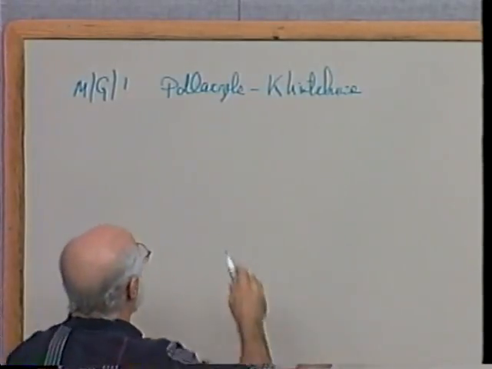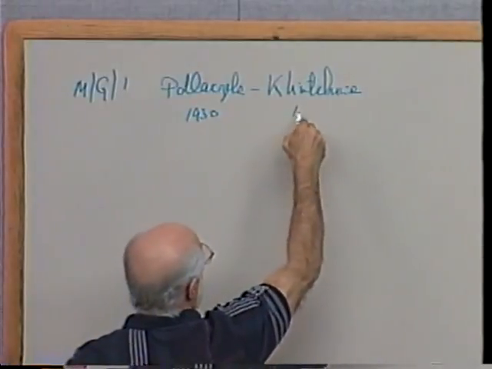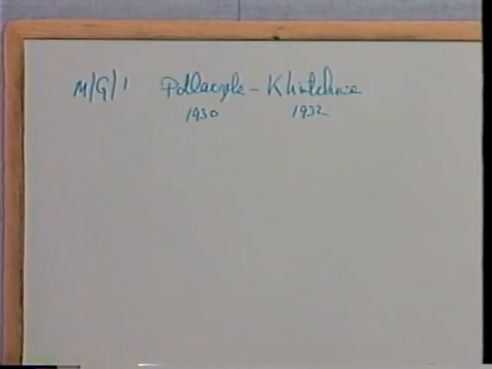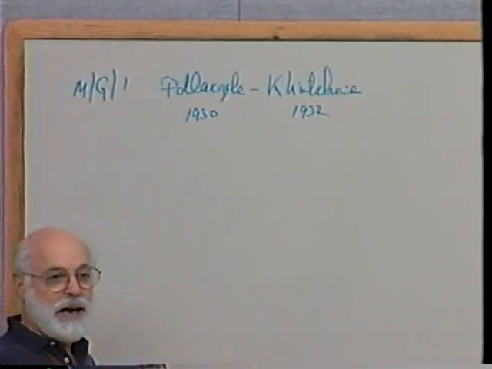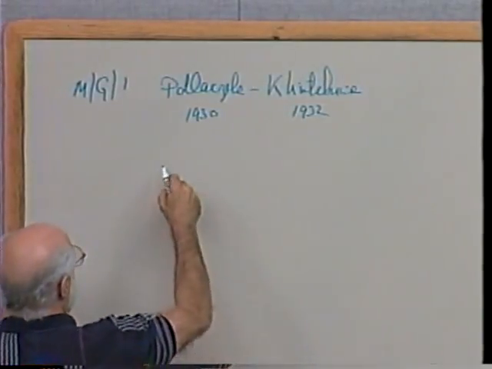Pollaczek published a paper in which he derived this in 1930 and Khinchine independently in 1932. And you could probably view these results as being the first mathematical results in queuing theory after Erlang's original sort of non-mathematical work. And what the Pollaczek-Khinchine formula says is the following.